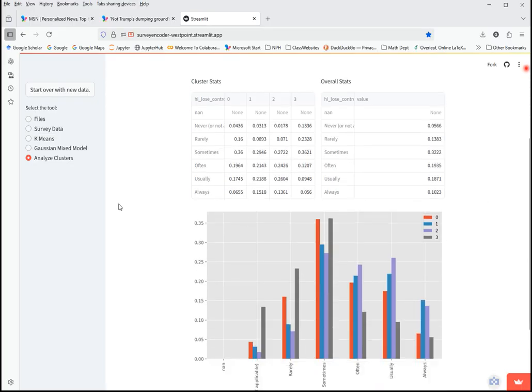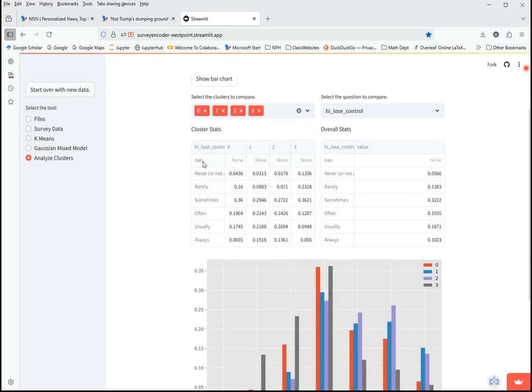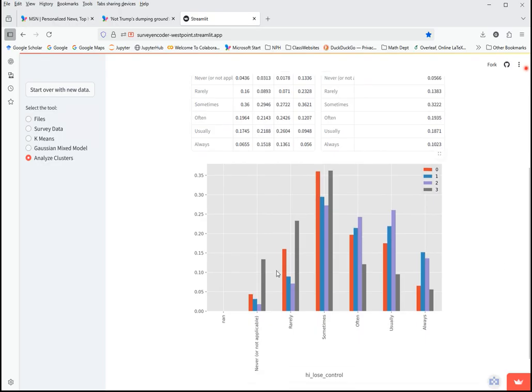For example, I think most people answered these questions with HI on them. HI, lose control, and you can see never, rarely, sometimes, often, usually, always. Again, it gives you a bar chart, and you can very quickly see where the different clusters line up.